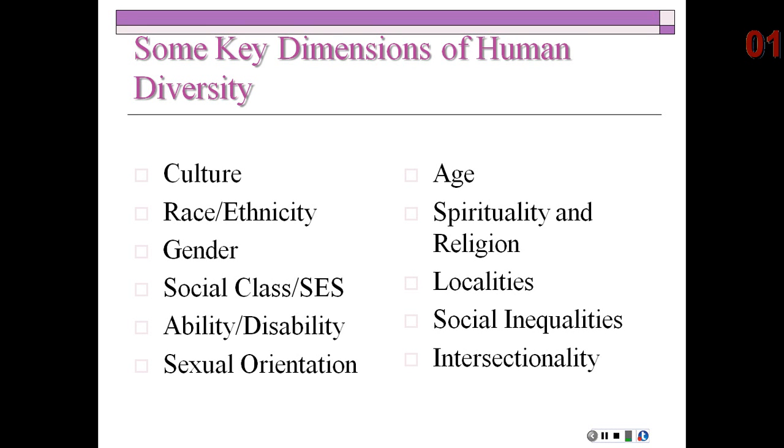And the thing is, each individual that carries something different, that aspect of that person's life is going to influence her in some way, right? So when we think about age, spirituality, and religion, where your locality, where you grew up, your ability, disability, right?